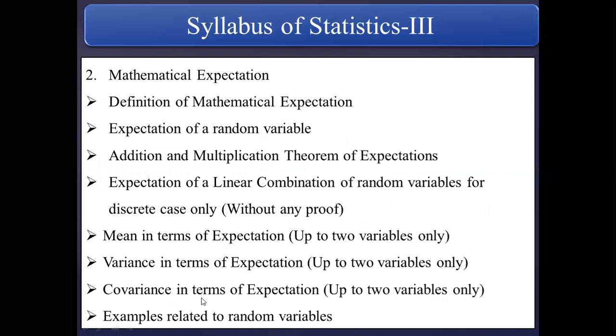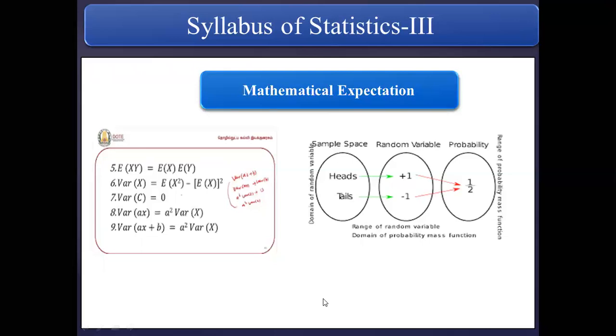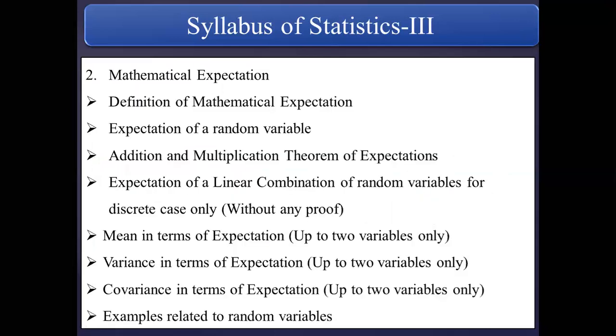Then we'll see covariance in terms of expectation. When we use the covariance term, then we'll write COV out of the bracket. And covariance is always for two variables, not for only one variable. So that is also what we'll see in this part, mathematical expectation.